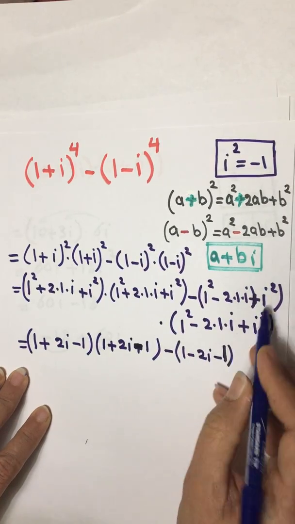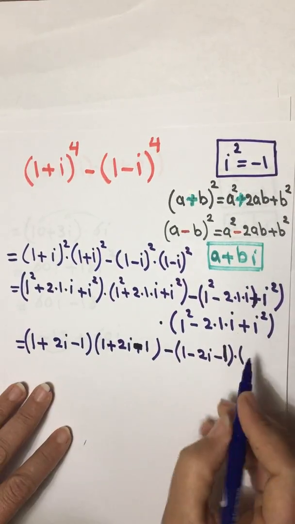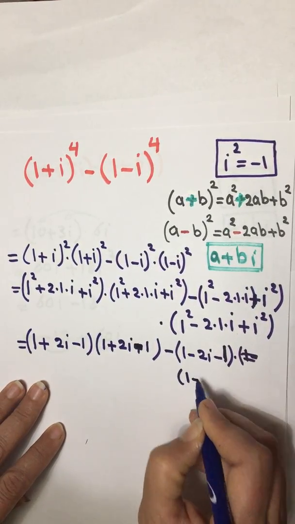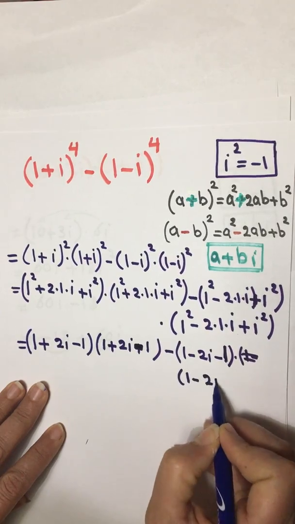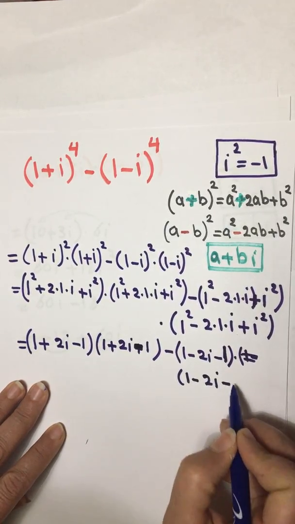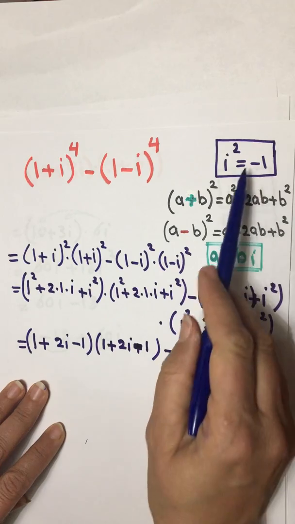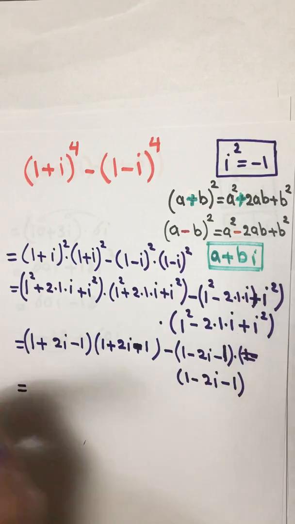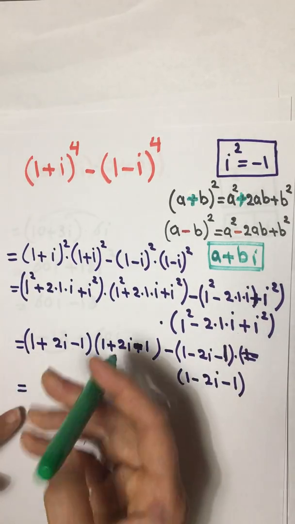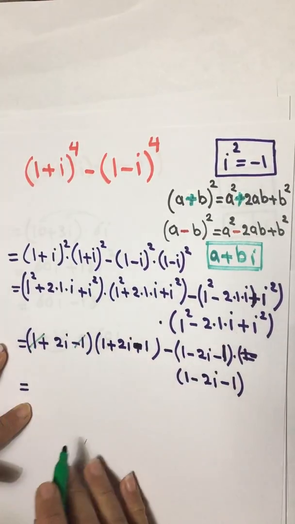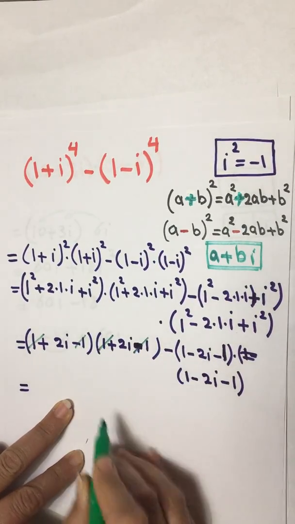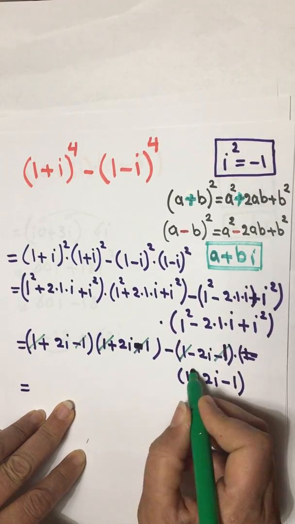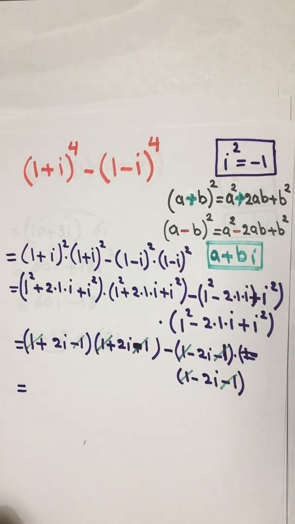Minus 1 times 1 minus 2 times 1 times I, 2I, and this is going to be minus 1, I squared is negative 1. Positive 1, negative 1, cancel them out. نحذفهم.